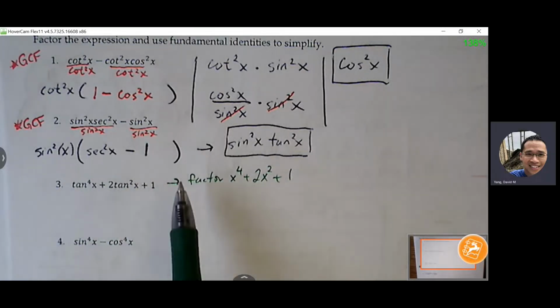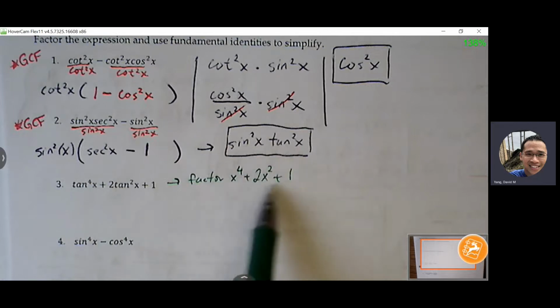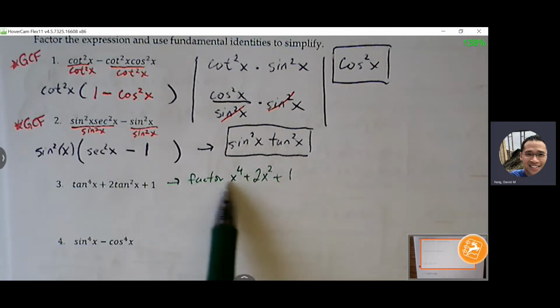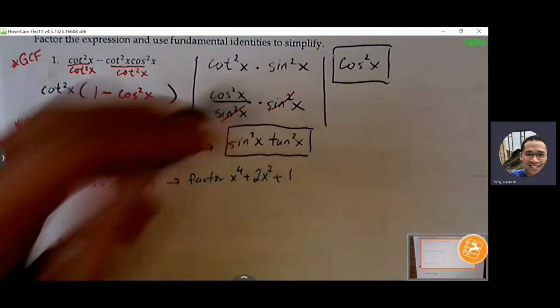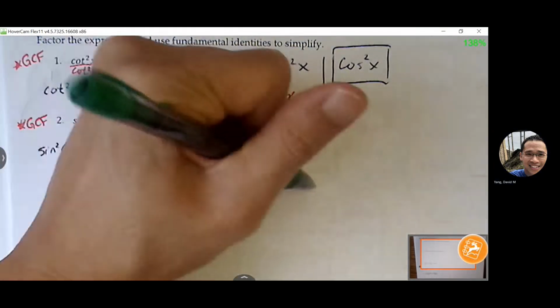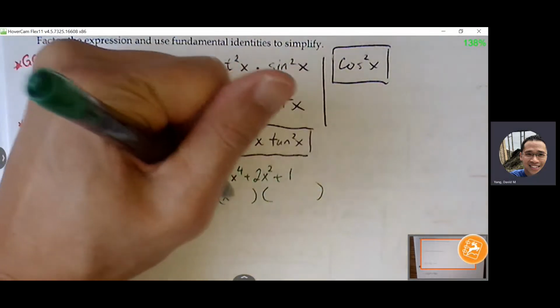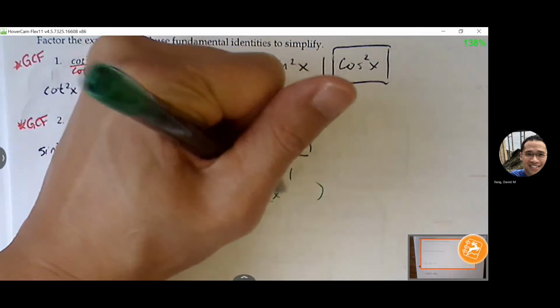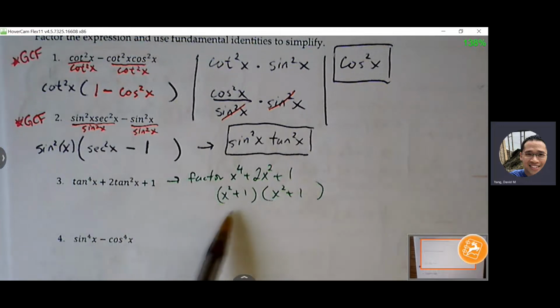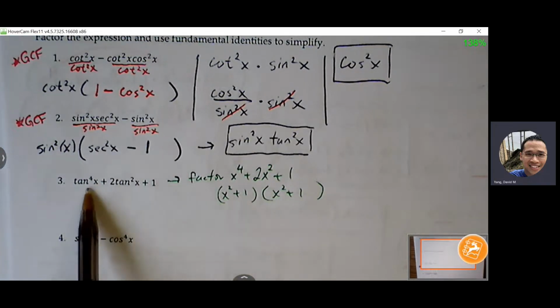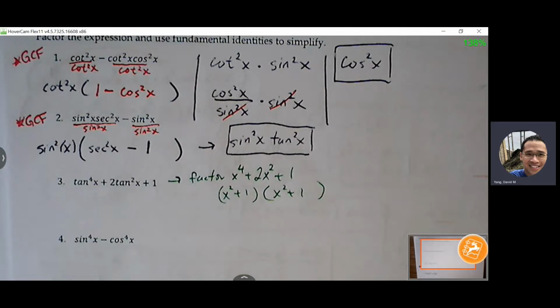Okay, so number 3. If you can think of it as an easier problem, instead of tangent, you use x. This is not too bad, right? Multiplies to be 1, adds to be 2. So this is really x squared plus 1, x squared plus 1. And if you can see that relationship, then we can basically just replace x's with tangents, and we have our factored form.